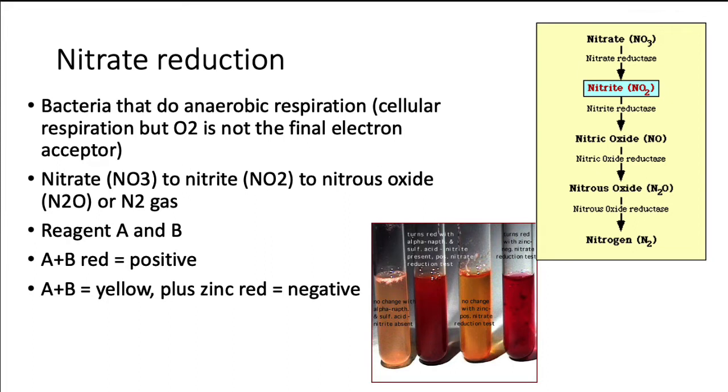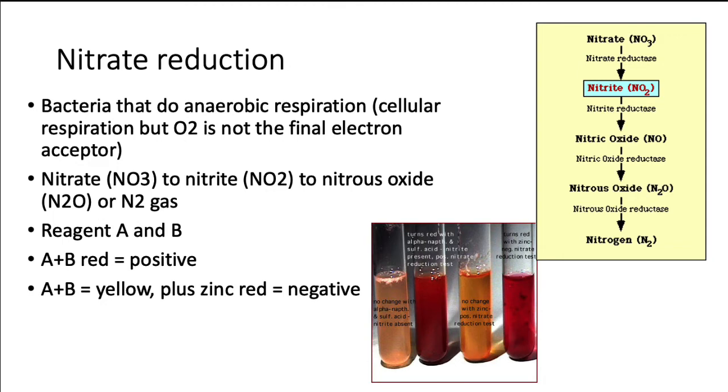However, some bacteria are able to do what is called anaerobic respiration, not to be confused with fermentation. This also involves the electron transport chain, but instead of oxygen, there are other substances that can take up those electrons, and some of these can be nitrates.